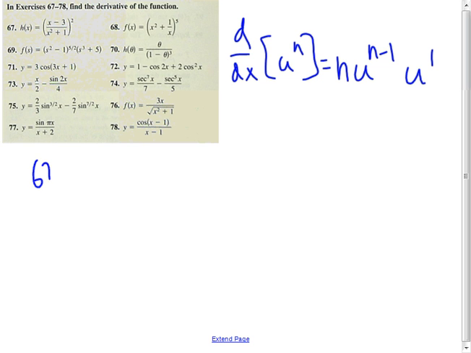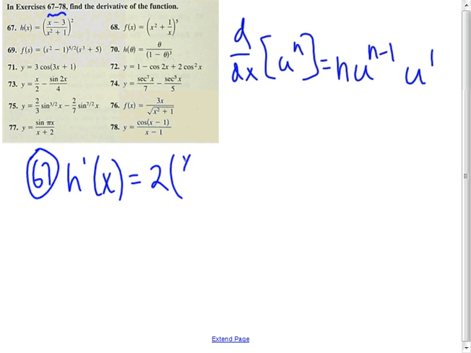So number 67, we'll say h prime of x is going to be equal to, and applying that rule with my u, this is my u value here, that quotient. So I'm going to have 2 times the x minus 3 over x squared plus 1. And then my exponent goes down 1, so now it's to the first.